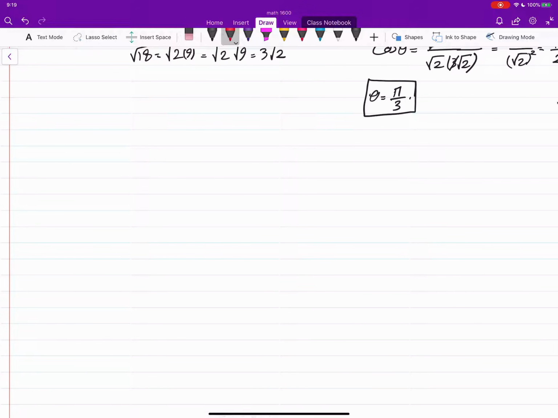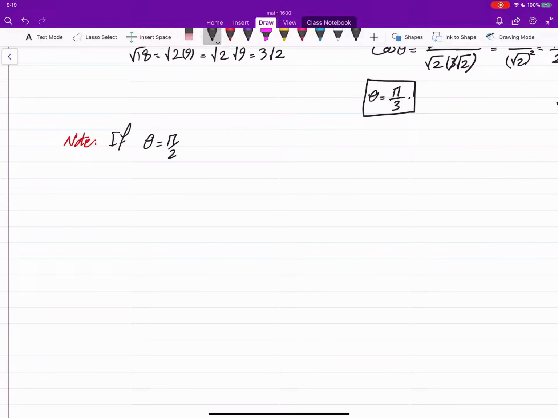Well, as a result of this, we have a note. If the angle is pi over 2, then what will happen? Well, then u dot v is going to be length of u times length of v times cosine of pi over 2, but we know that cosine of pi over 2 is 0.